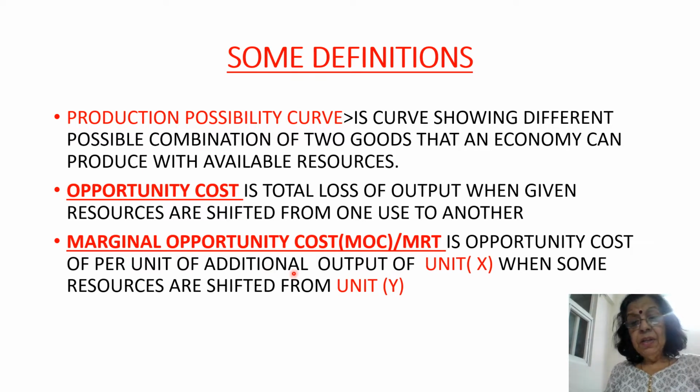So for every additional unit, if you want to increase the output of say good X, then some resources are shifted from good Y. So every increase in production of one commodity will lead to a decrease in production of the second commodity, and the rate at which the production of the second product is reduced is called MRT, or marginal rate of substitution, or marginal rate of transformation.